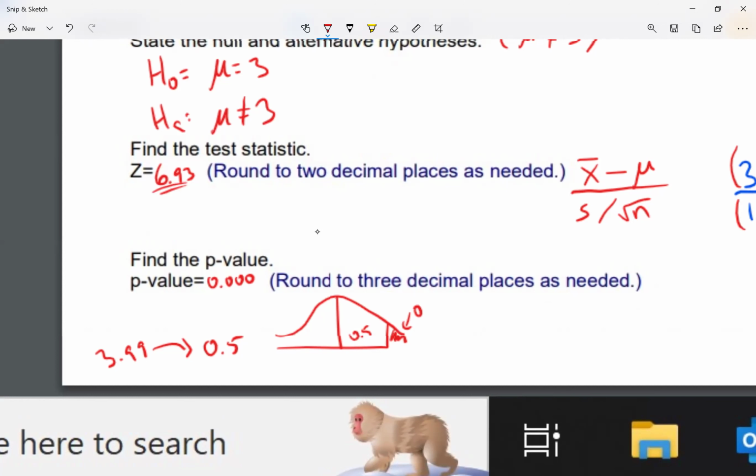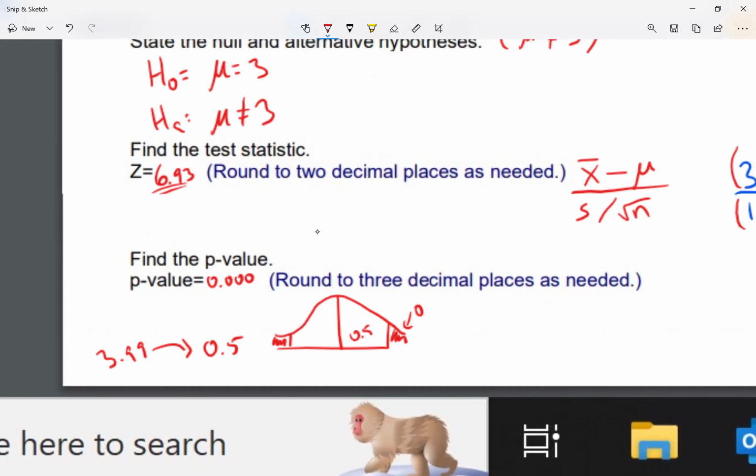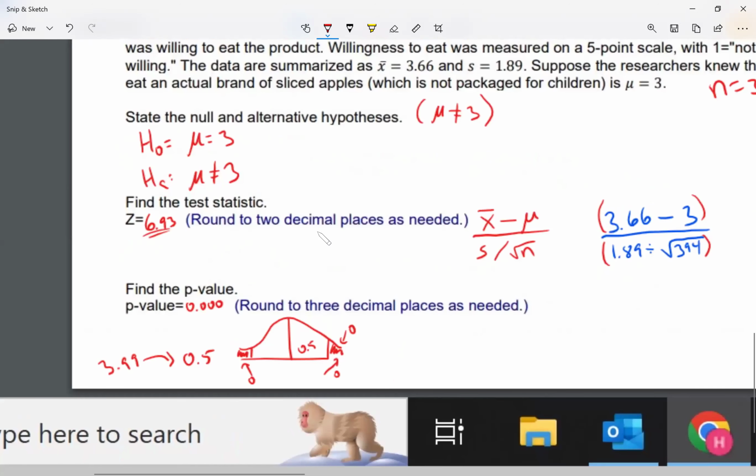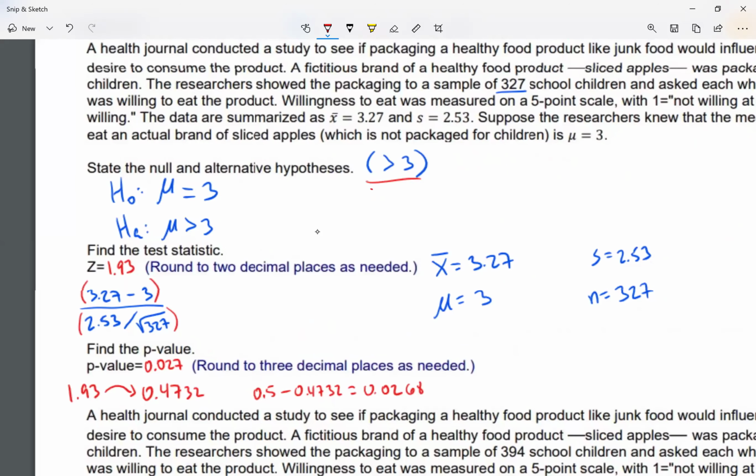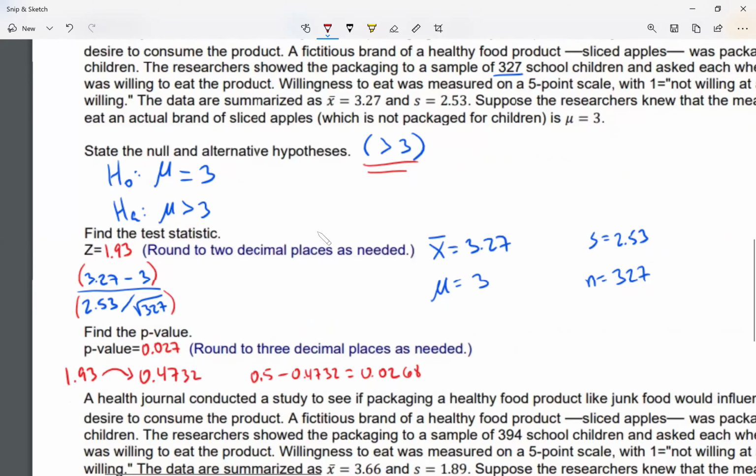Now, some of you might be wondering, Mr. Leon, this p-value thing, it was a two-tail. Okay, so I had this other space right here, right? This is 0. This is 0. Add them up. It's still 0.000. Let me come back a little bit on my probabilities. When I had an inequality, I had a one-tail probability, a one-tail p-value.